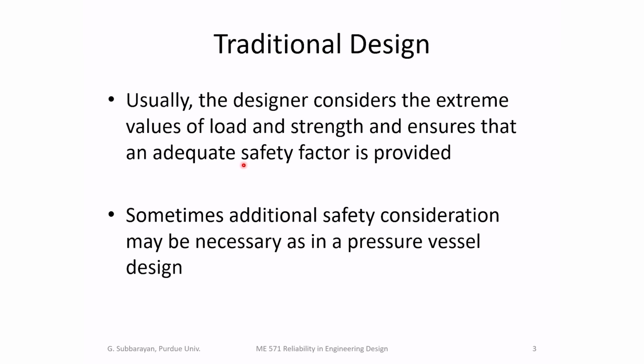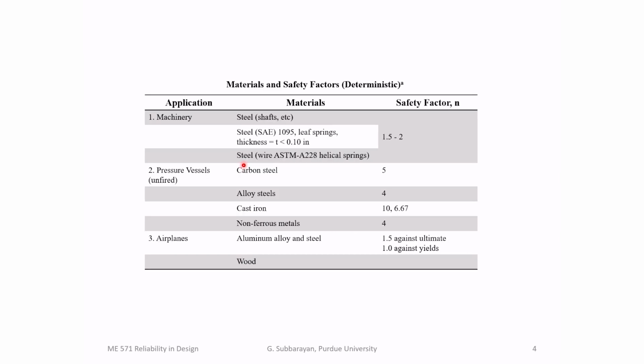So let's look at safety factors that are common for many applications. So here, for instance, if you take machinery, most of the time the machinery is made of steel. Okay, and the safety factors that we use are typically 1.5 to 2. So machinery 1.5 to 2.